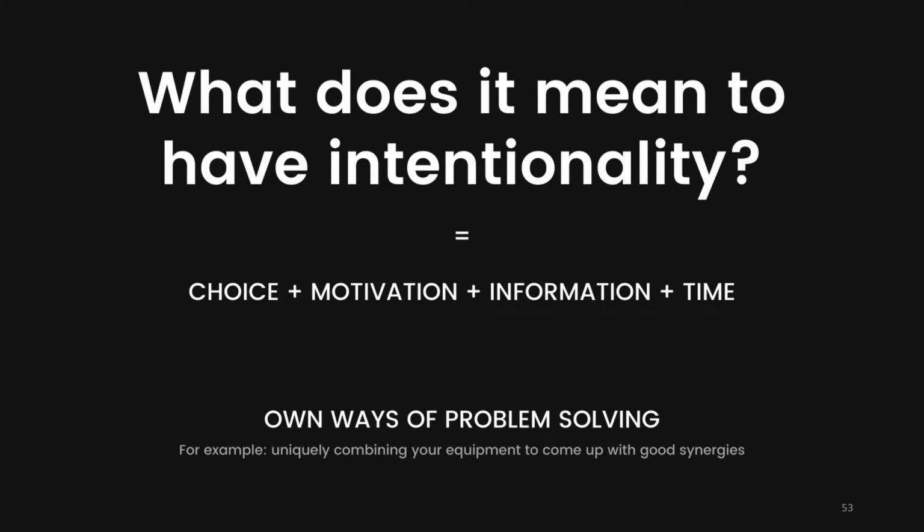We are getting a lot of different options of upgrading our character, and we can uniquely combine these in our own ways to come up with good synergies, good problem-solving ideas that come from our own intention. So we choose, we are motivated by some goals, with some vision of what we want to look like, what we want the game to feel like. We have some information, and we have some time that's also needed, and we combine all of this to come up with a problem-solving idea.